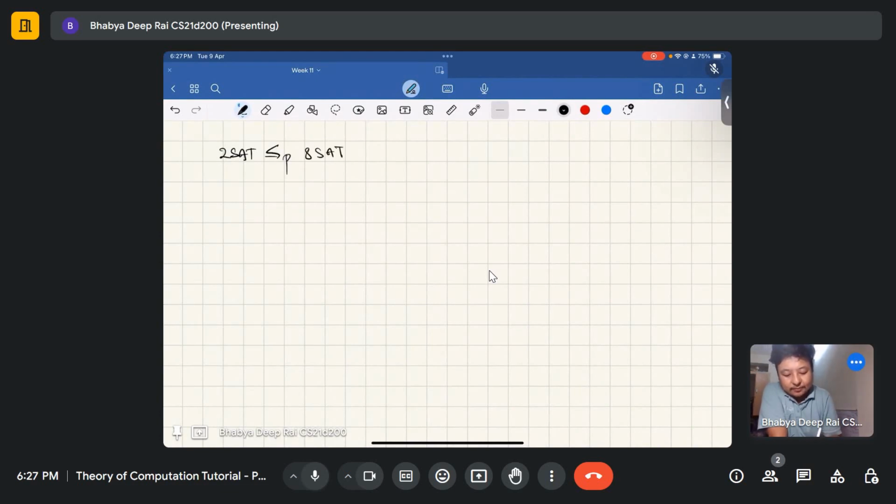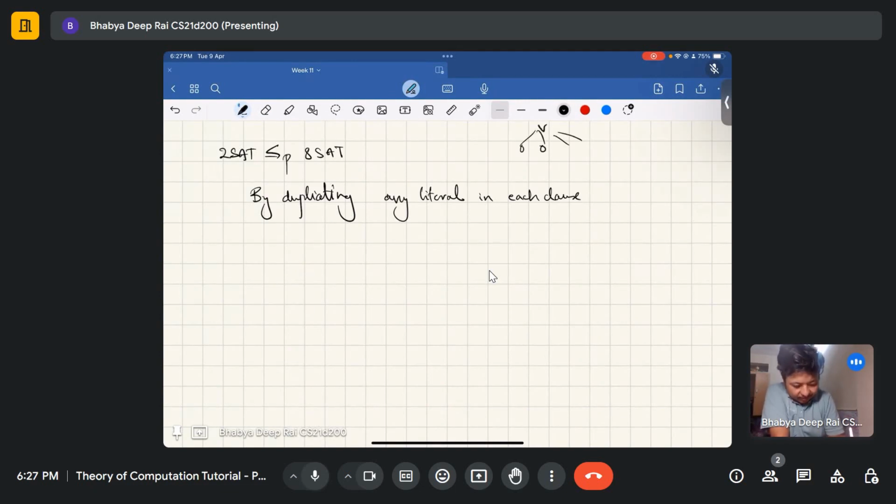Now, by duplicating any literal in 2 CNF in each clause, how many times? There are 2. In the 2 CNF, there are 2. Now, I want to increase to 8. So, I need to duplicate 6 times. Right? 6 times.